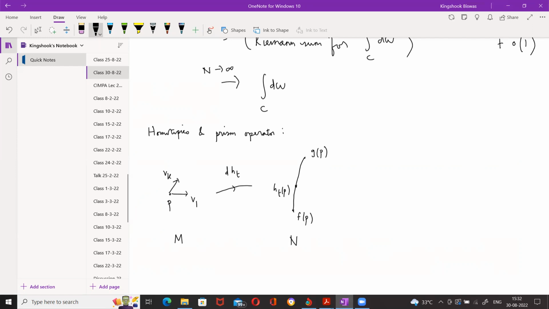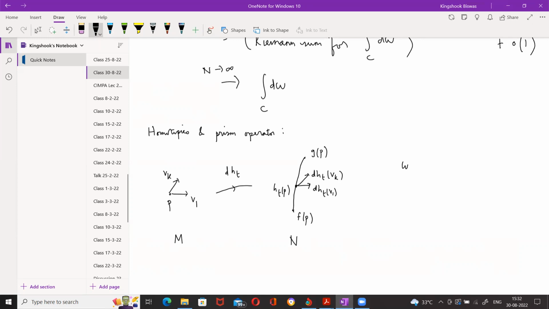And the derivative is going to map these k vectors to k vectors here. So this is dht v1. This is dht vk.